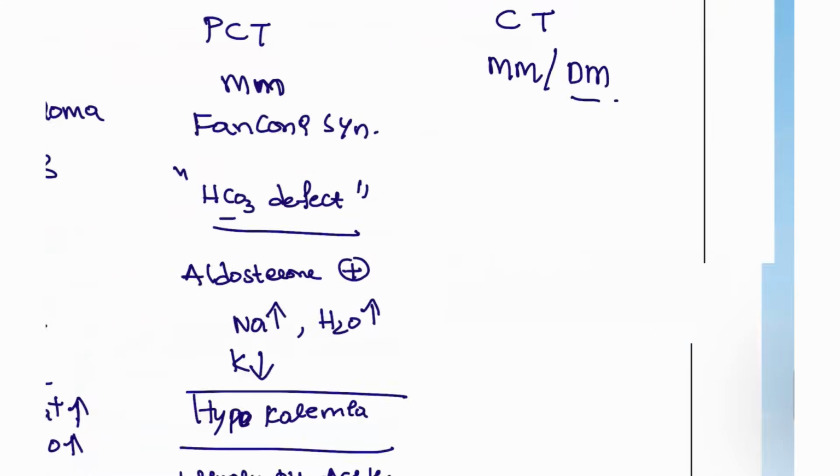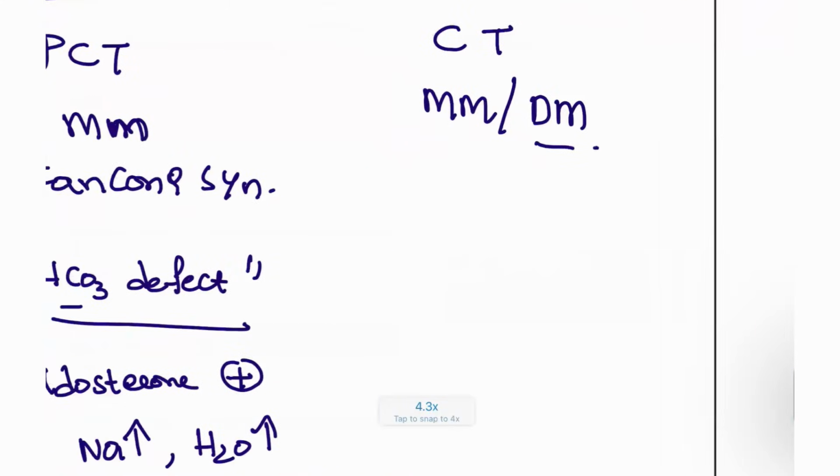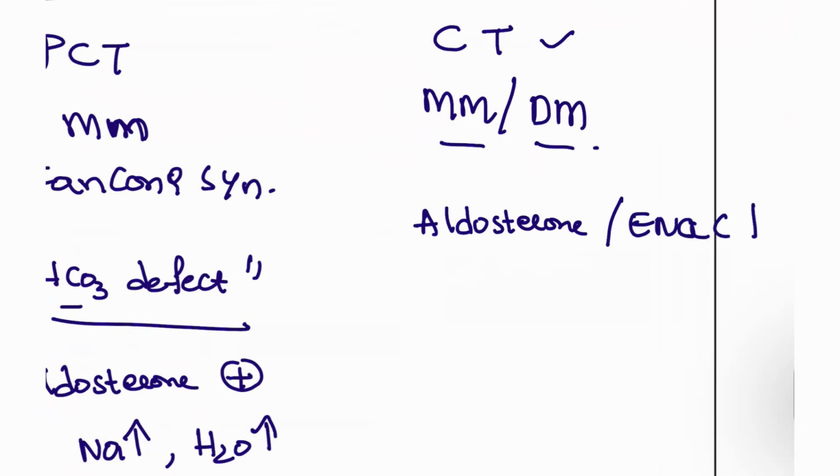Next, coming to the most common one seen in the collecting tubule, associated with multiple myeloma or diabetes mellitus patients. What happened here? It directly affected the collecting tubule. So aldosterone or the ENaC channels function is going to decrease, so the function is not properly occurring here.